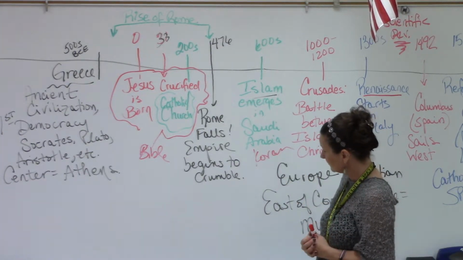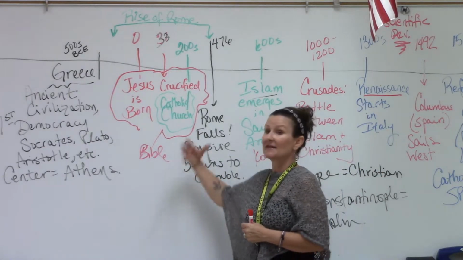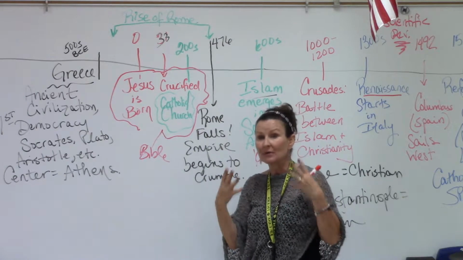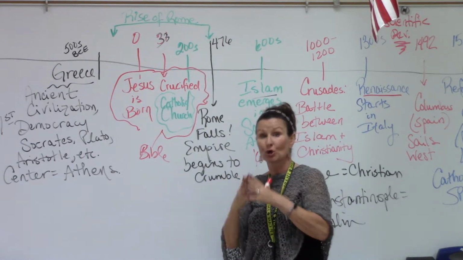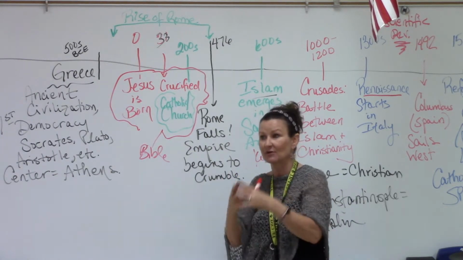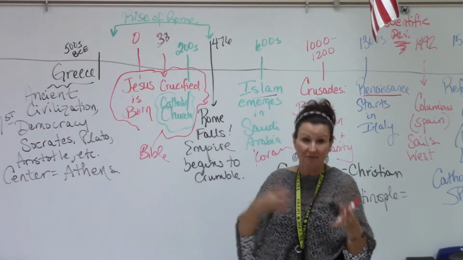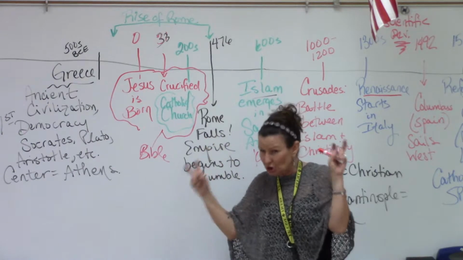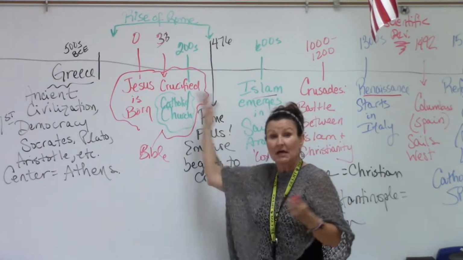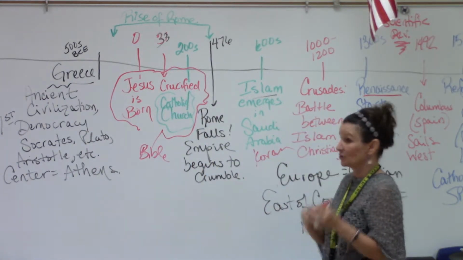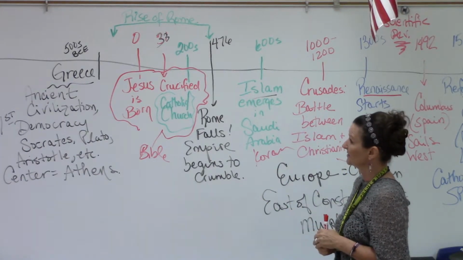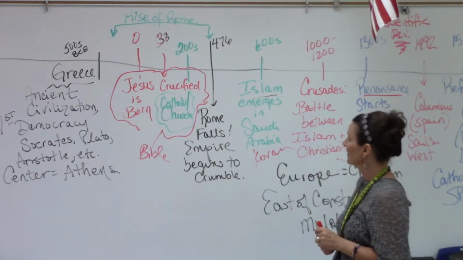So, we talked about the fact that the Catholic Church was the first and only church to exist for people that were Christian. And by definition, to be Christian means that you are a follower of Christ. You believe Christ was the Son of God. So the first church developed in about the 200s AD, or 200 CE, after Jesus is born and crucified.